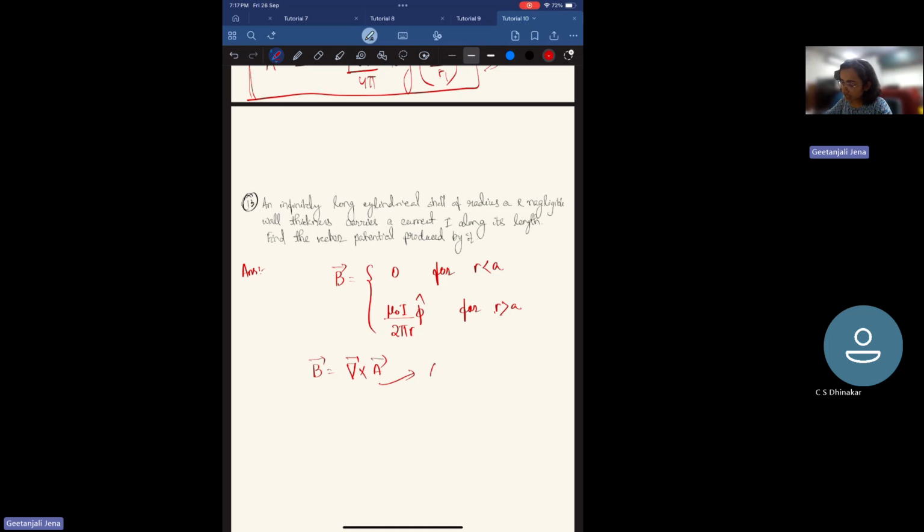So it will be in the Z direction, because it's given that I is along its length. So A will be along its length. Let's say the length is along the Z direction.